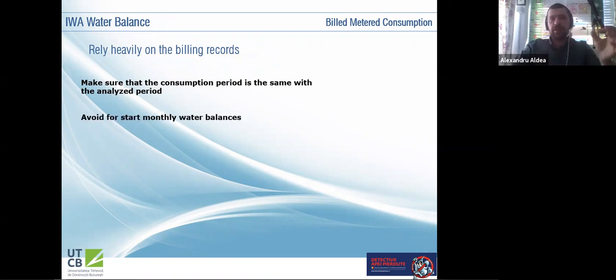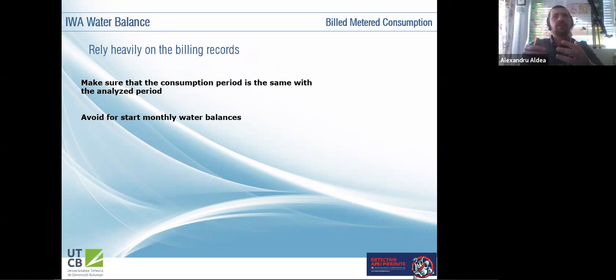In this respect, it's better to avoid, for a start, a monthly water balance, because I've seen in some cases when water utilities do this monthly water balance they have negative figures. Why? Because they have a pretty decent or correct figure for the system input volume, but since they rely on manual reading, they have to send someone into the field to read the meters, or they estimate it and make a reading every, let's say, 3 to 6 months.